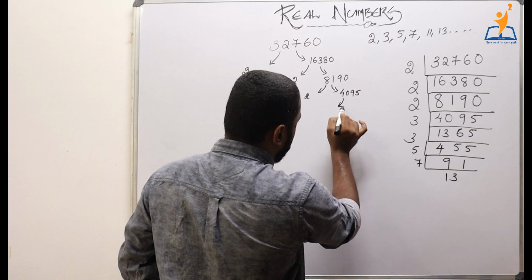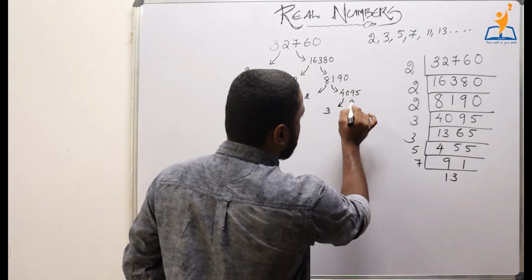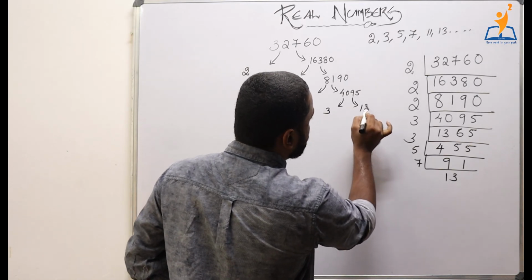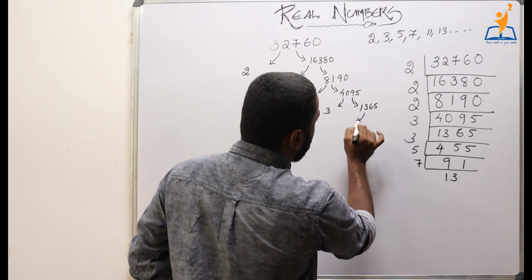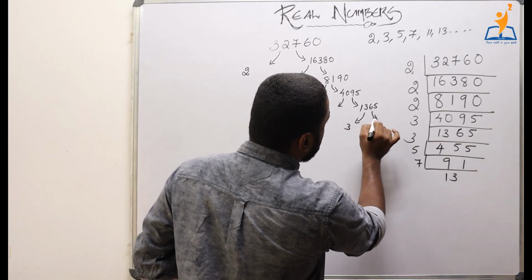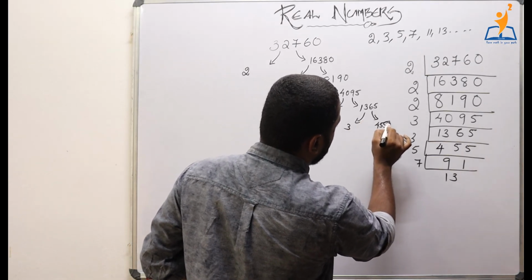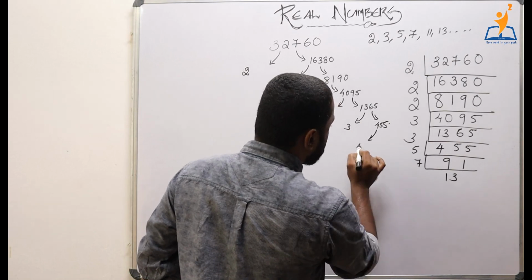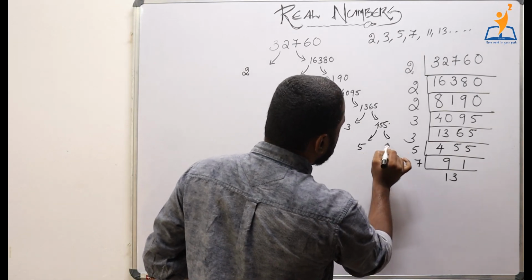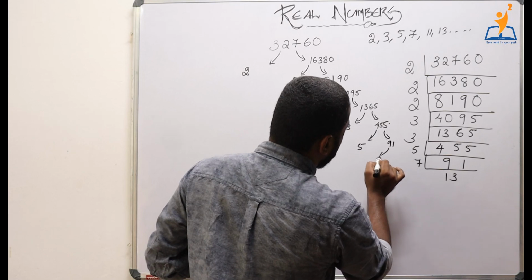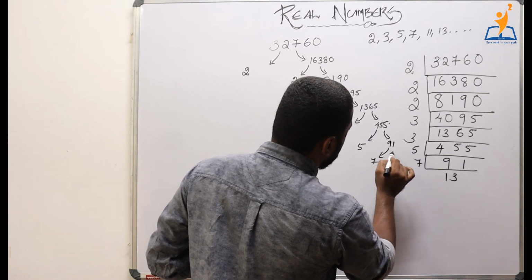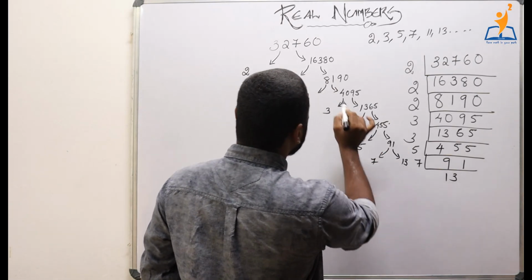But this is not divisible by 2 but divisible by 3, and it resulted in 1,365. Again when we divide this by 3, it will result in 455. But when we divide this by 5, it resulted in 91. And when we divided this by 7, it resulted in 13.